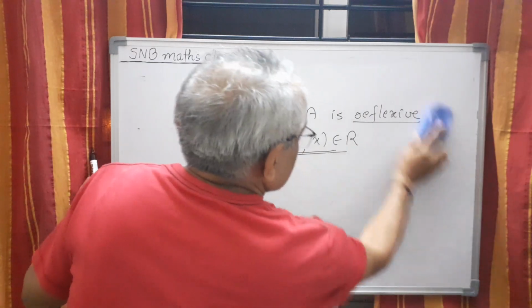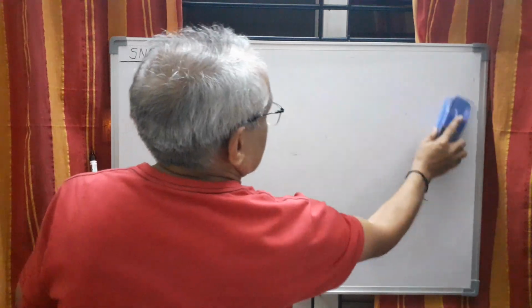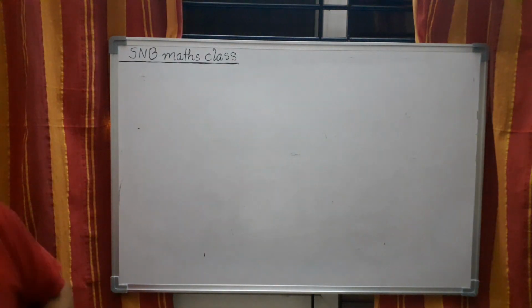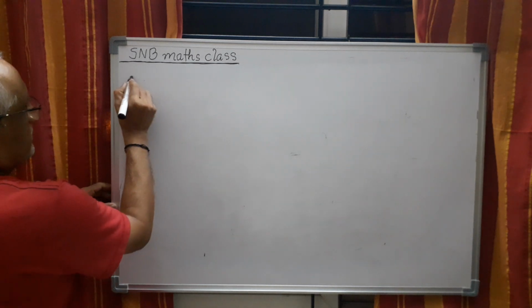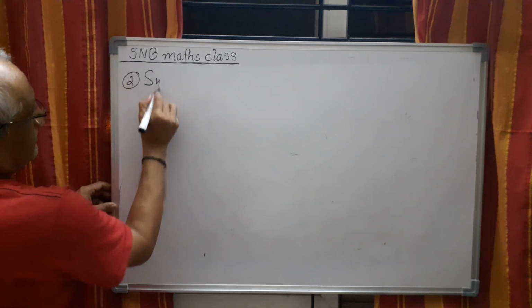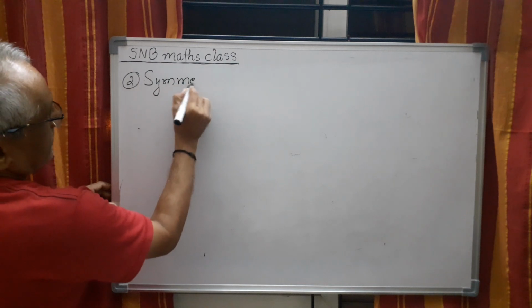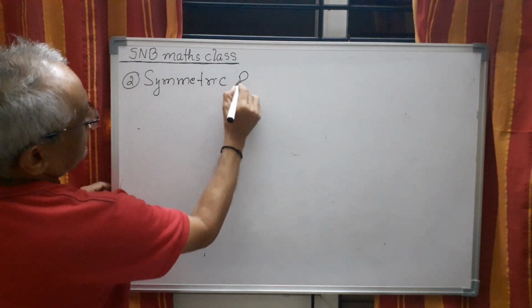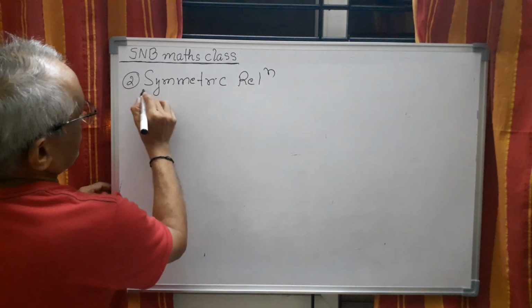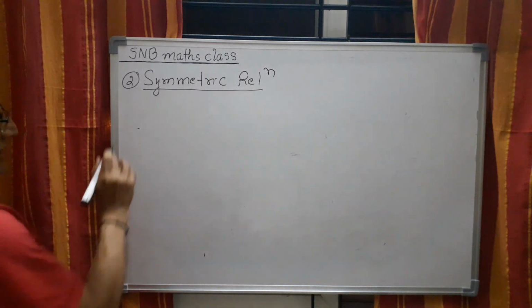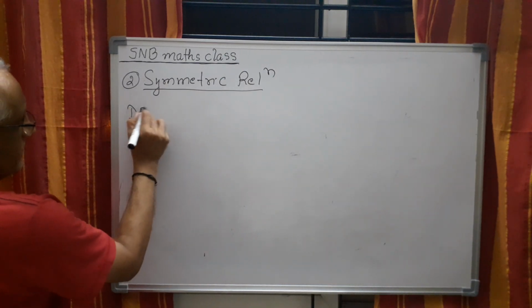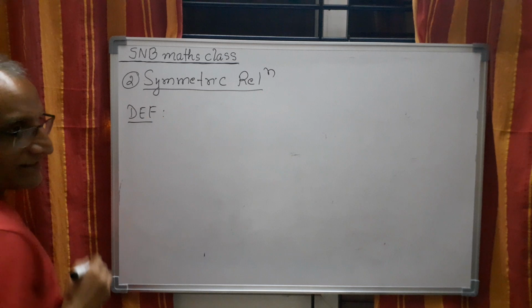Then let me introduce the concept of symmetric relation also. Second one, symmetric relation. So the definition is this. See, this definition always begins with this sentence actually.